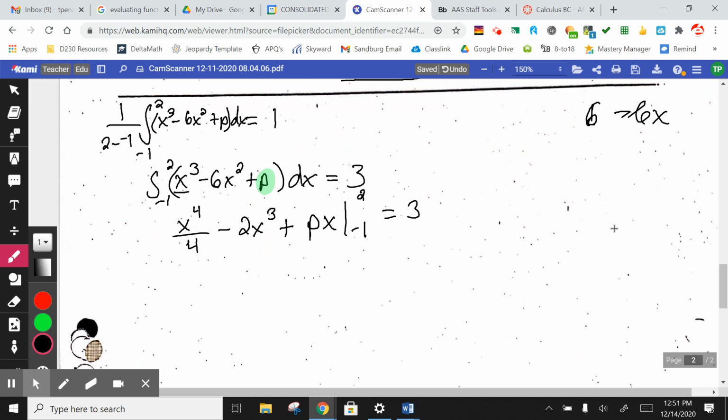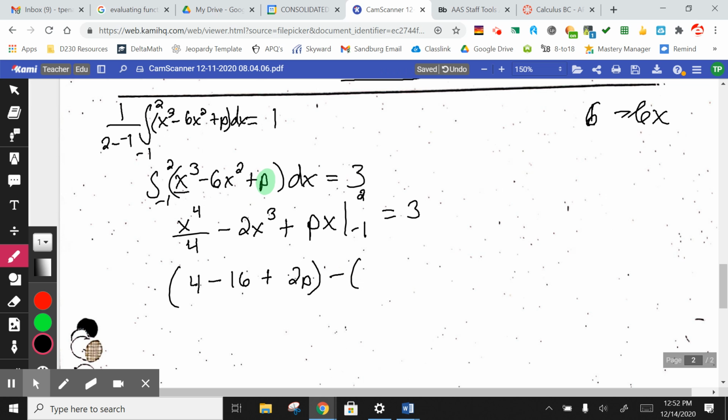We know to plug in your upper limit first. If I take my 2 to the 4th, that would be 16 over 4, so that's a 4. If I plug in my 2 here, I get 8 times 2, so 16. And if I let the x be a 2 here, I would get 2p. Close that. That's your upper limit plugged in. Subtract. Throw in your lower limit.